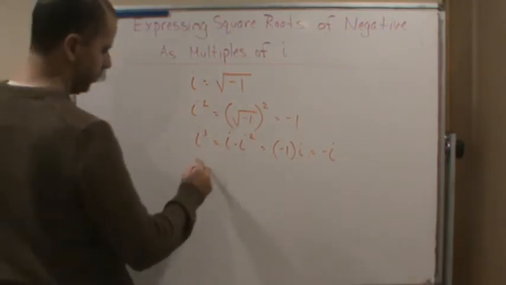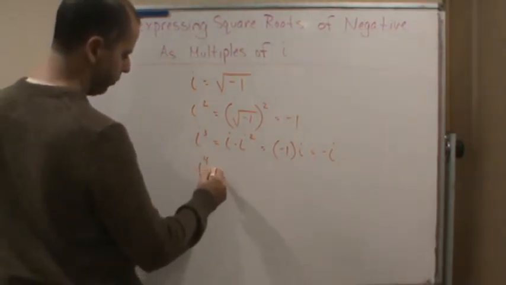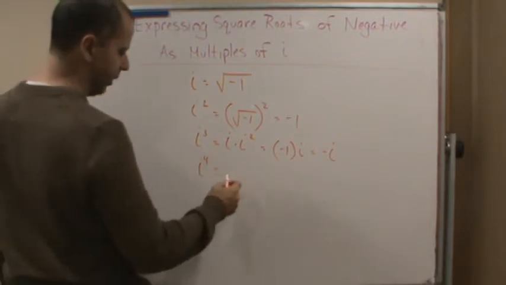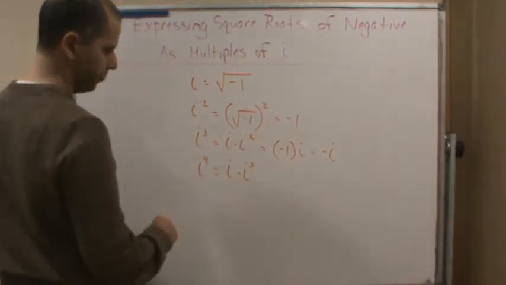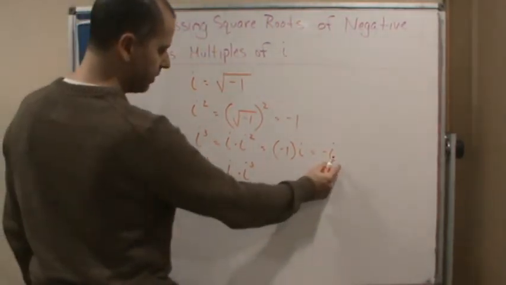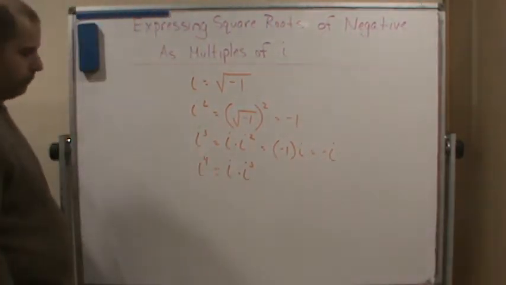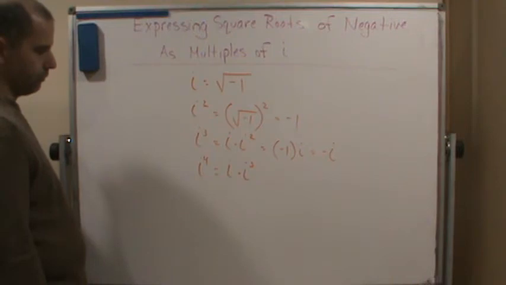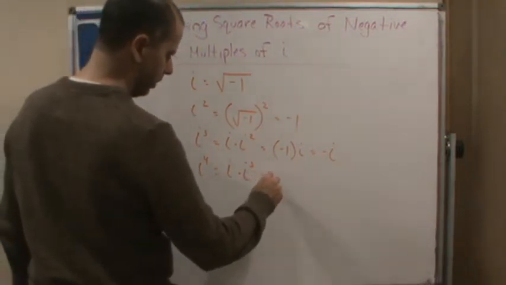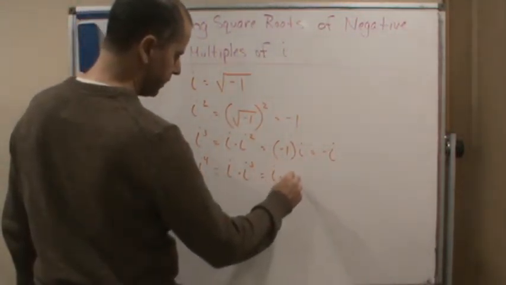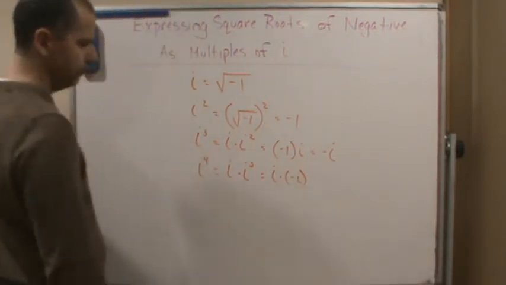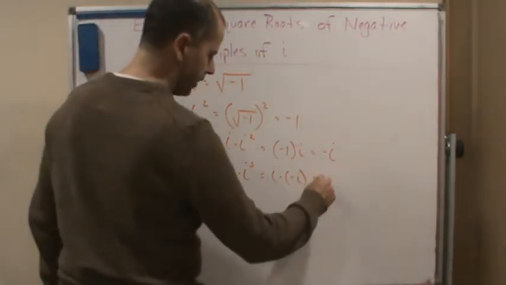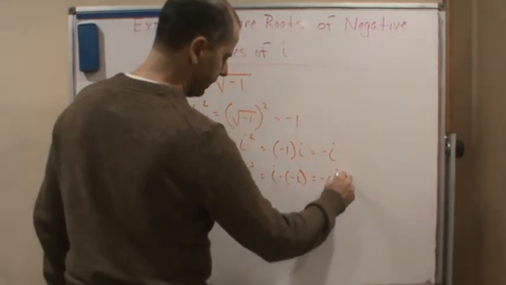If we do i to the 4th, we could split this up as i times i cubed, and we know i cubed is -i. So this is i times -i, which gives us -i squared.